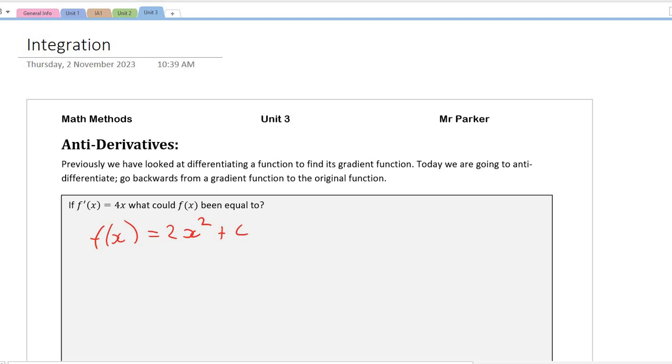The other way I was going to show, I didn't end up doing it, but saying, okay, we have some function like y equals ax to the b, then y dash equals b times ax to the b minus 1. And you just have to match up from one to the other, and find out b has to end up being 2. A ends up having to be 2 as well.